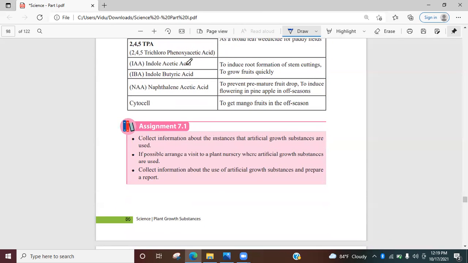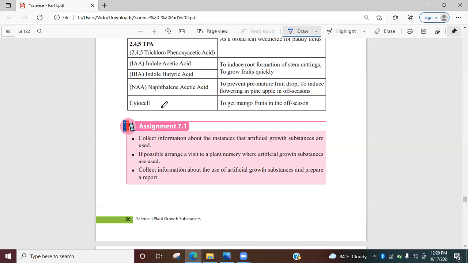IAA, indole acetic acid, and also IBA, indole butyric acid, are used to induce root formation of stem cuttings and to grow fruits quickly. NAA, naphthalene acetic acid, is used to prevent premature fruit drop and to induce flowering in pineapple in the off-season.